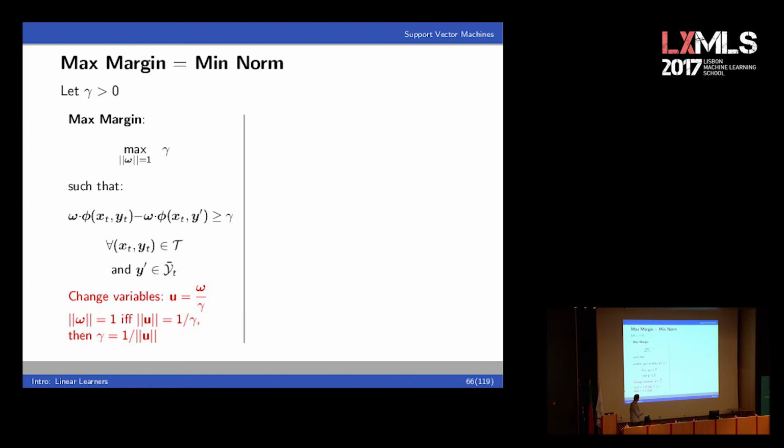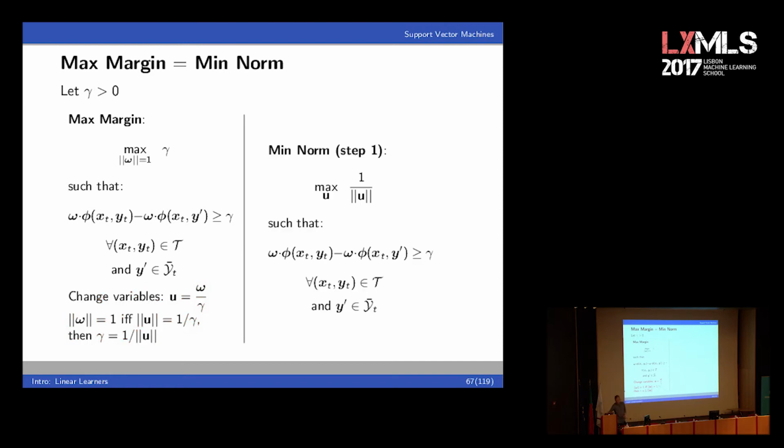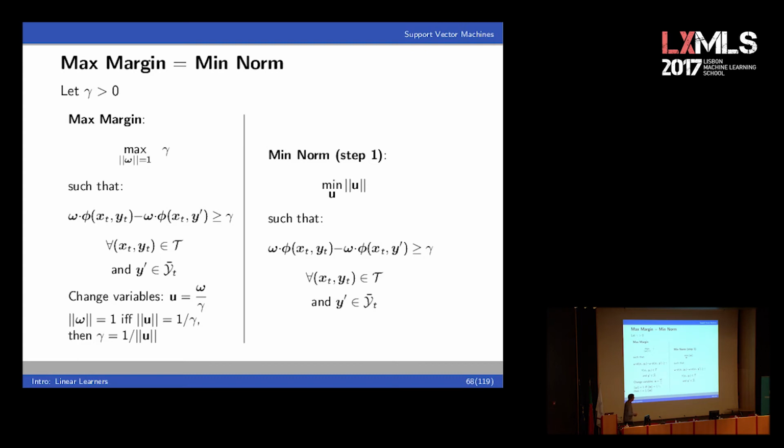So I'm just doing this change of variables, and I'm using my new variables to reformulate the algorithm, and then what will come out is a nicer form of the algorithm, the form that you normally see in papers and textbooks. So step 1 is I'm replacing gamma by 1 over the length of U. Then maximizing 1 over U is the same as minimizing U.